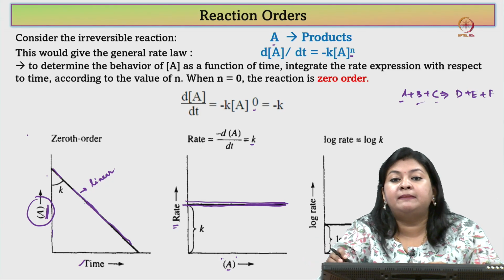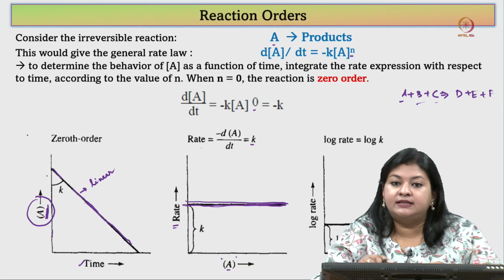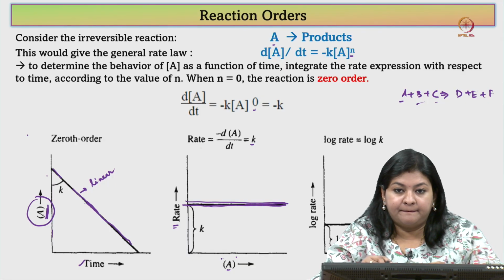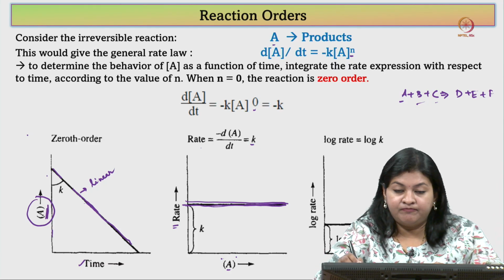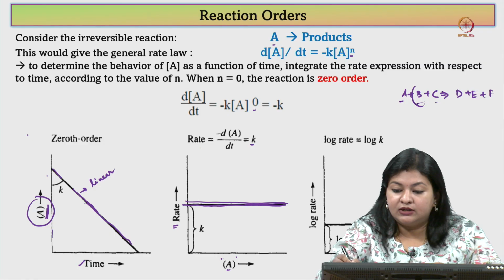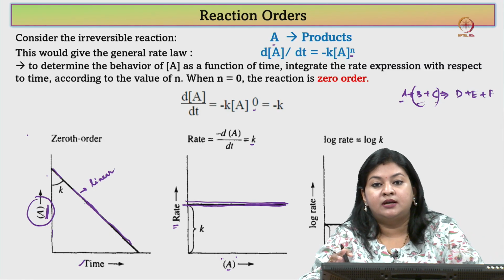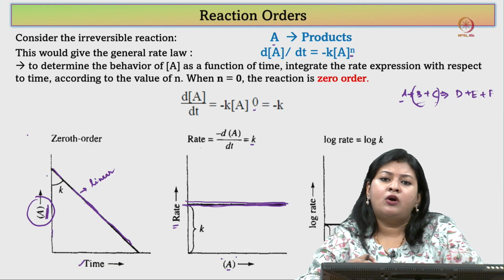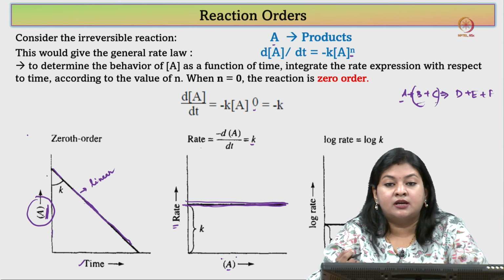The reaction may be sensitive to B and C and not be sensitive to A. So, what I mean is that this particular reaction only depends on B and C concentration. If you go on adding B and C, then it will start reacting faster. It does not depend on A, or otherwise it will. So, you can have a variety of reactions.